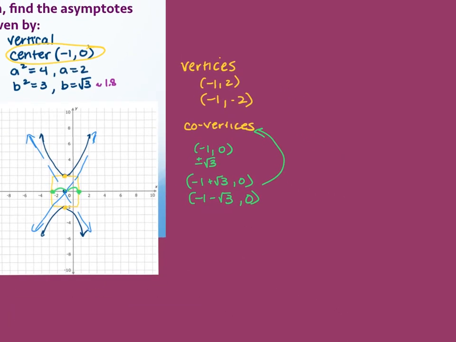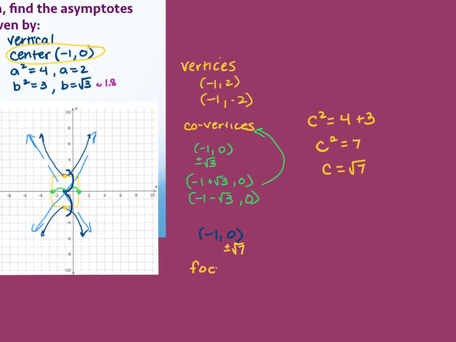If it had asked for the foci, I would need to know c squared equals a squared, which is 4, plus b squared, which is 3. C squared would equal 7. C would equal square root 7. And that we add onto the y because it's up here and down here. So I would take my center again, which is (-1, 0), and add and subtract root 7 onto the y value.